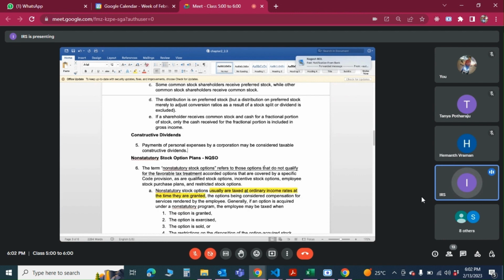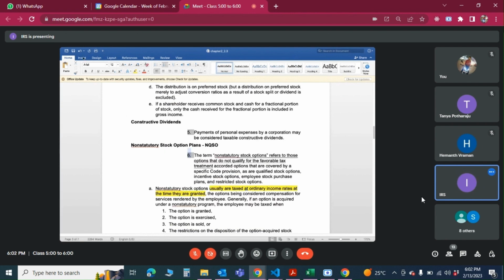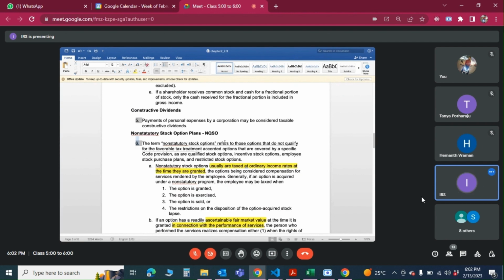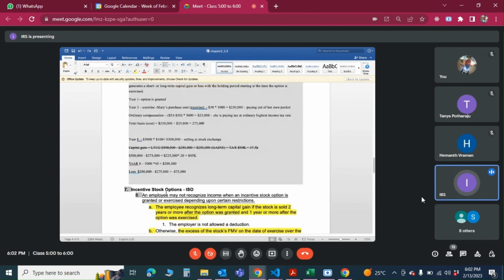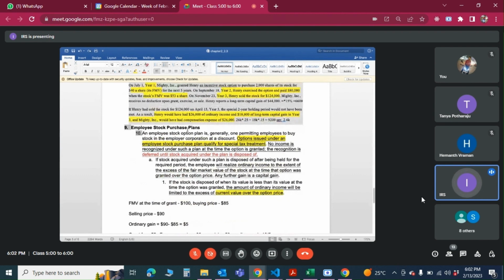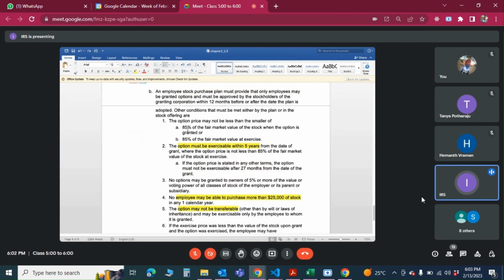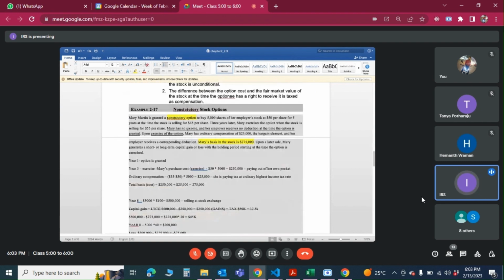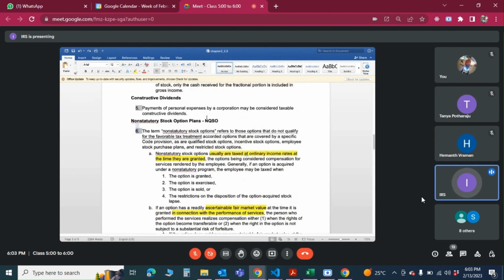Now this is very important. Non-statutory stock options, NQSOs, ISOs, which are incentive stock options, and ESPP, employee stock purchase plan. This is something we will very commonly see. This portion of the unit is more important than anything else, because we definitely need to understand it. If you're not able to understand, please make your notes.